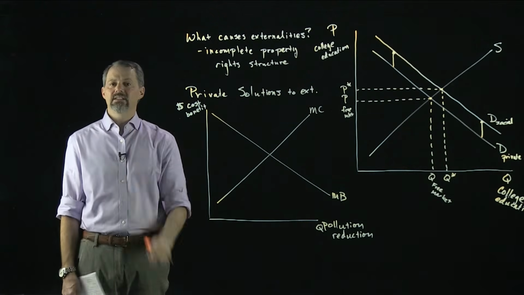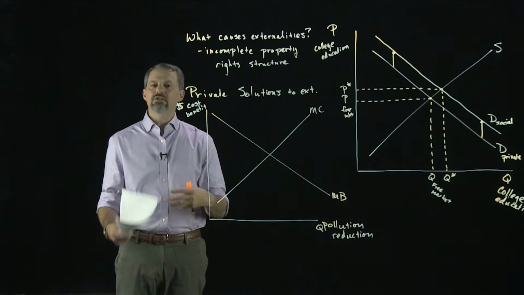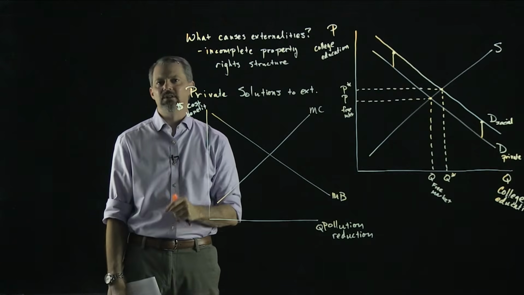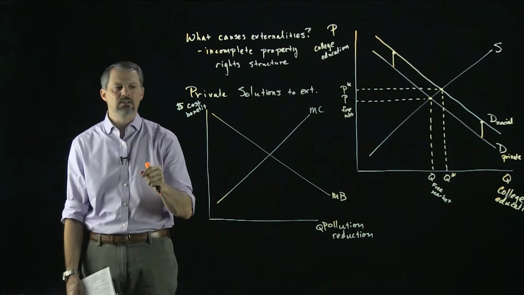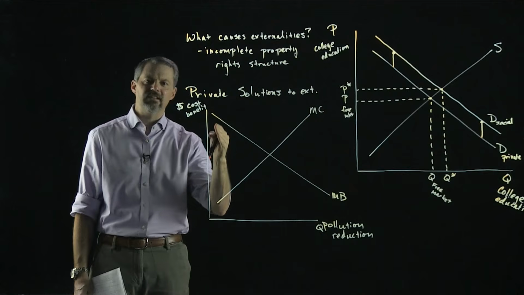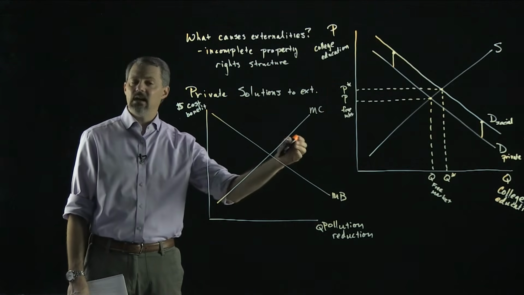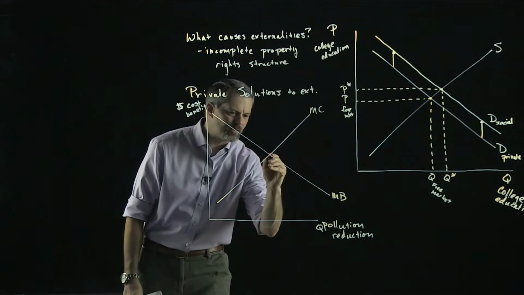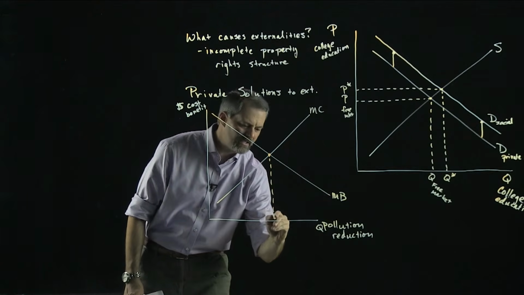Now, what we've seen in this class is that we get the right outcome when marginal benefit and marginal cost are equal. A decision maker takes an action as long as the marginal benefit is higher than the marginal cost, never when the marginal cost is higher than the marginal benefit. So the right amount of pollution reduction is right here.